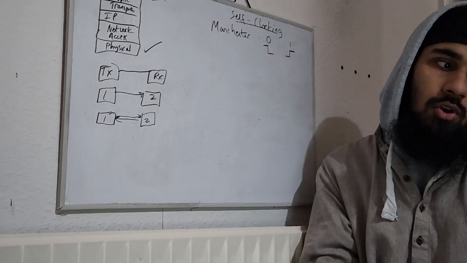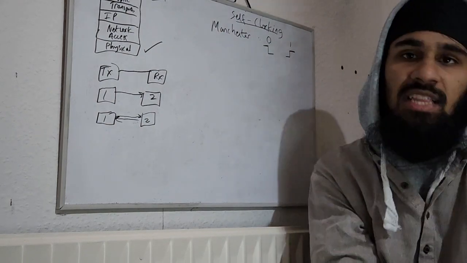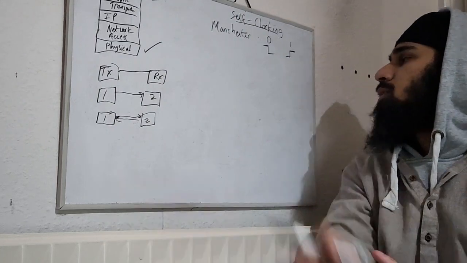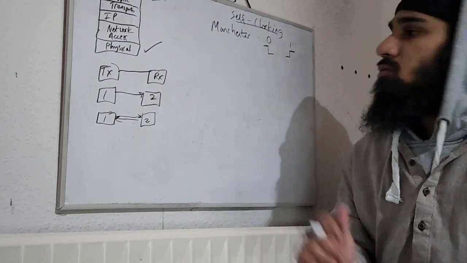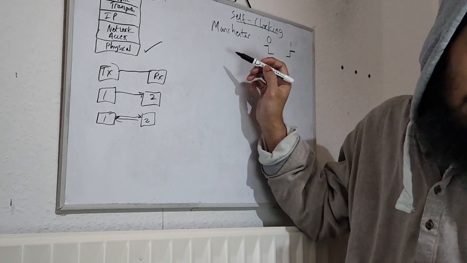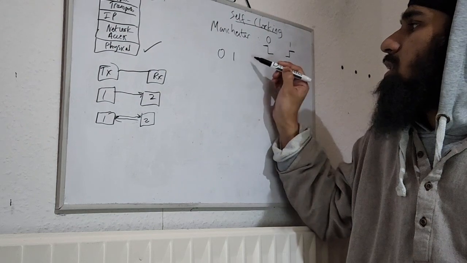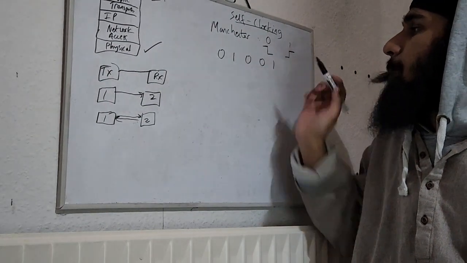So 0 goes from a high to a low in the middle of the interval, and for 1 it goes from a low to a high in the middle of the interval. It's used in many LANs. So let's see if we're sending this data 0, 1, 0, 0 and 1.